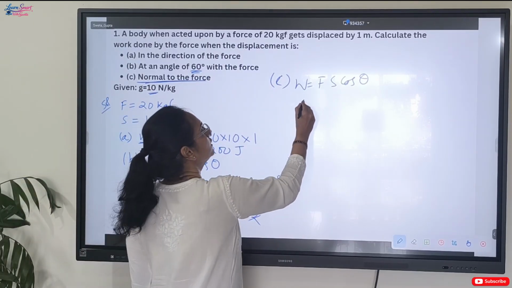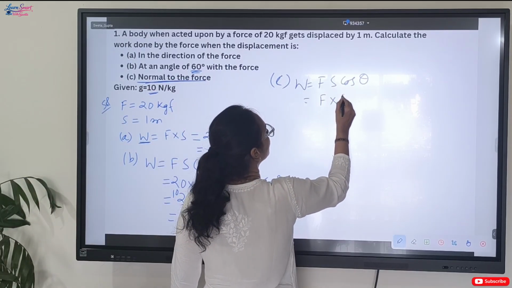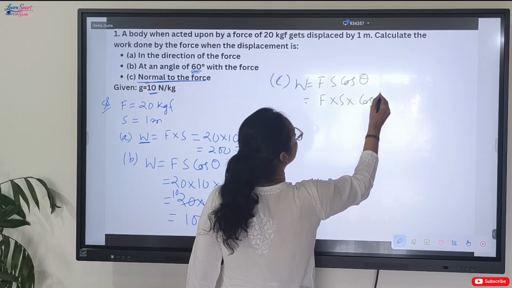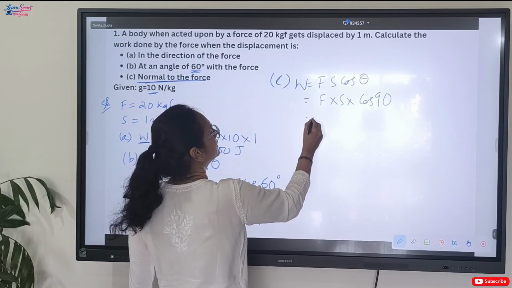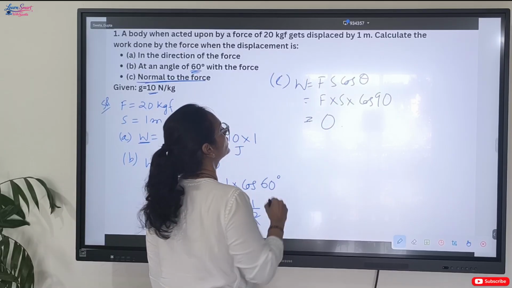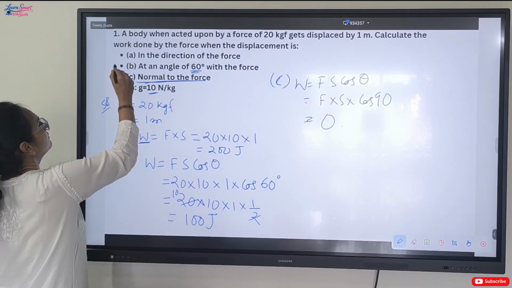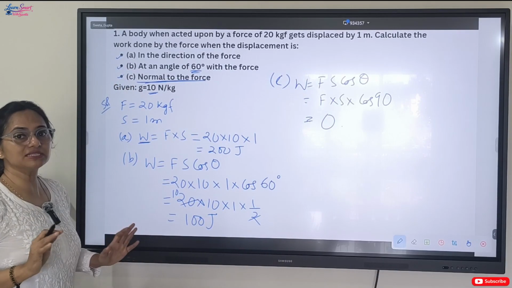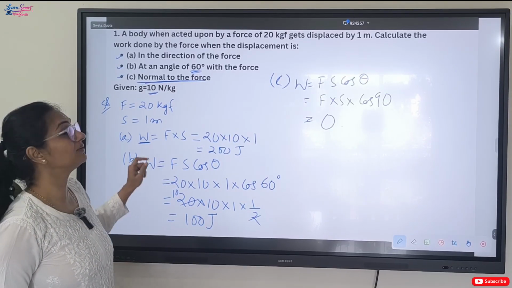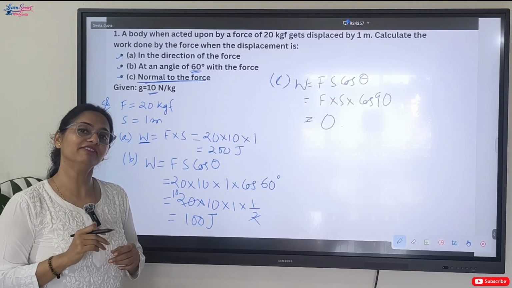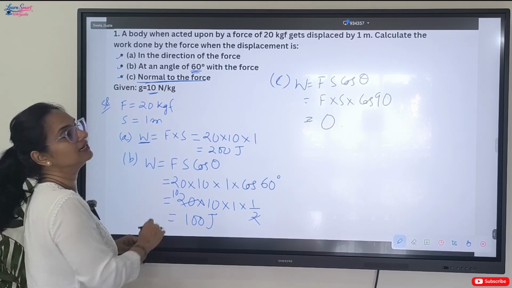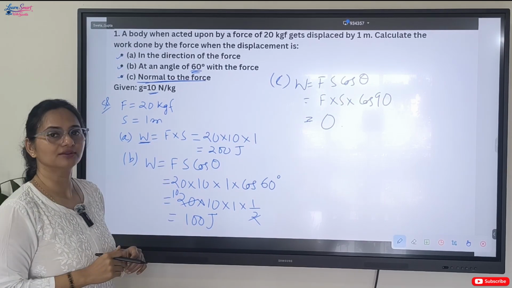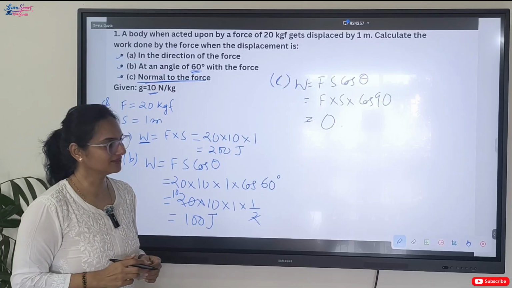F into S into cos 90 and cos 90's value is 0. So we will get the work done as 0. So the answer will be 0. So we are done with A, B and C. We have simply used the formula W is equal to F into S and Fs cos theta if the displacement is at an angle with the force. Right? Let's see the next question.